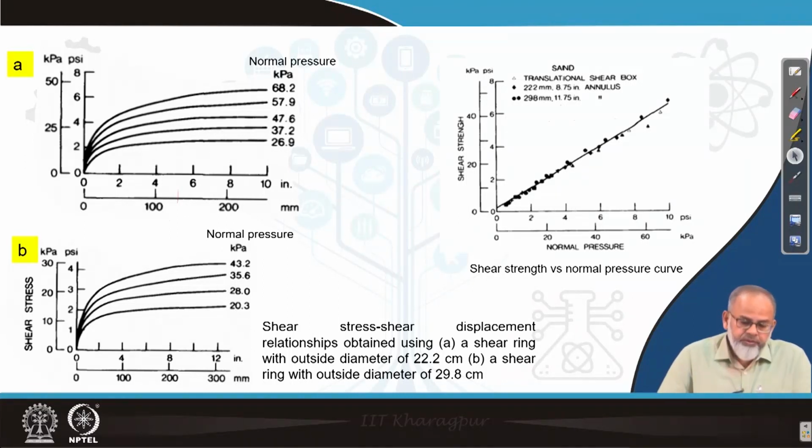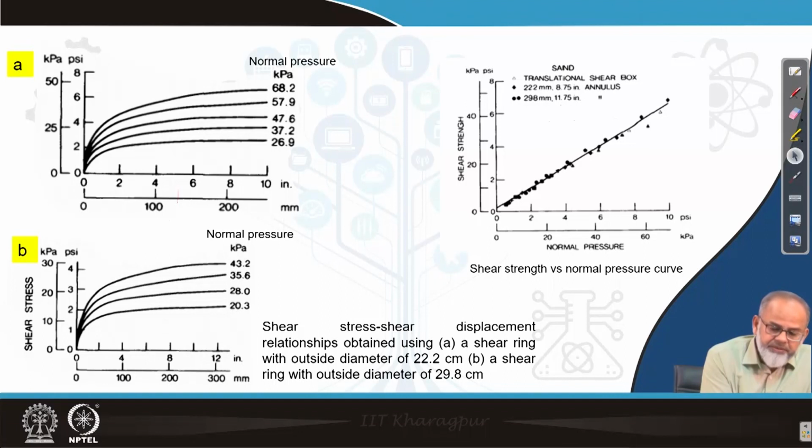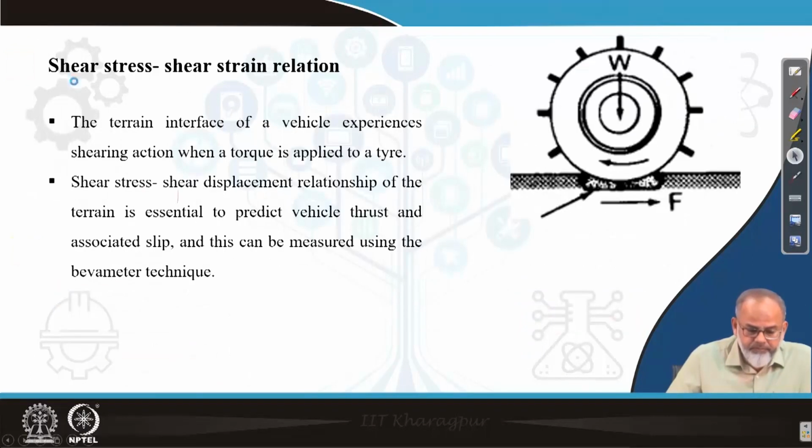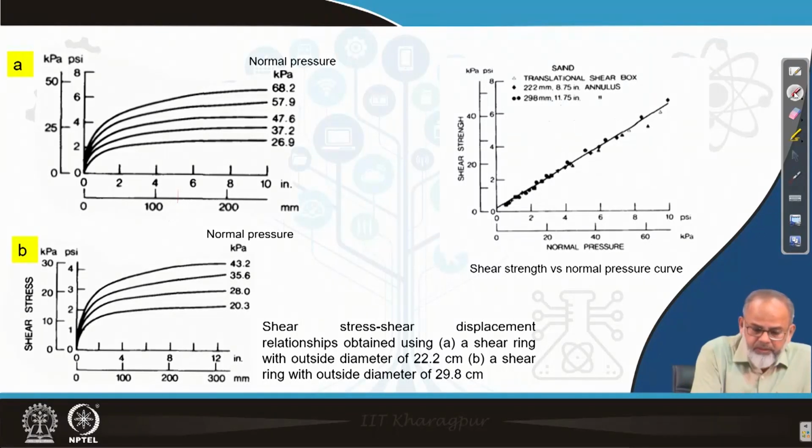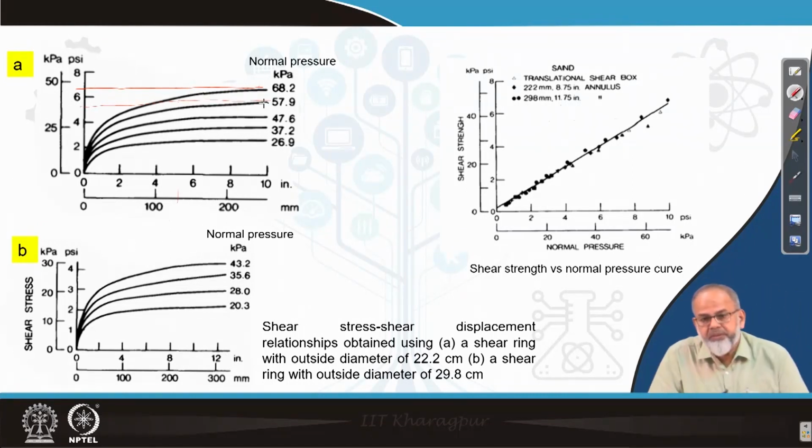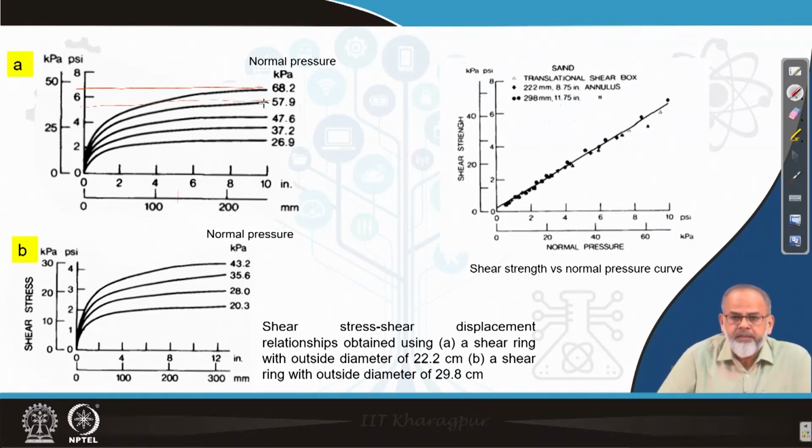So from these curves, if you try to find out the maximum shear stress values, maximum stress means I will just draw a horizontal line like this, so that will give you the maximum shear stress. That means beyond that the soil will start to fail.